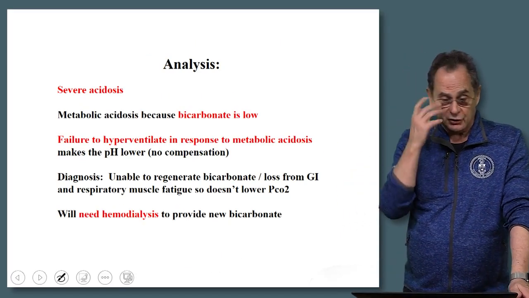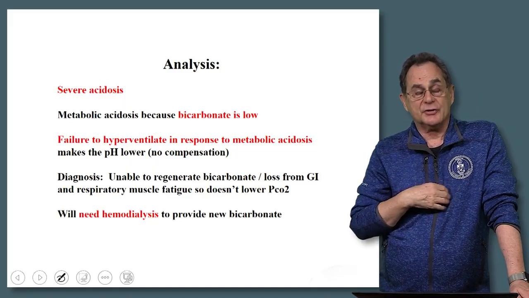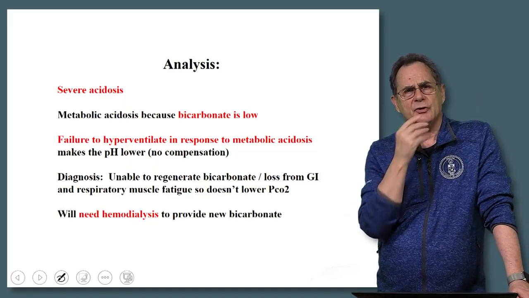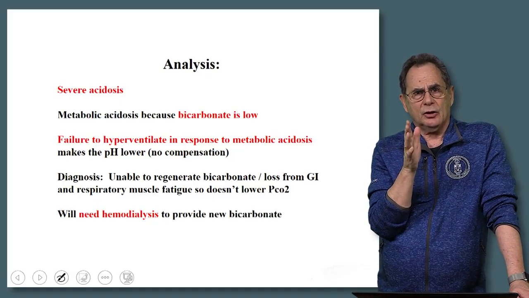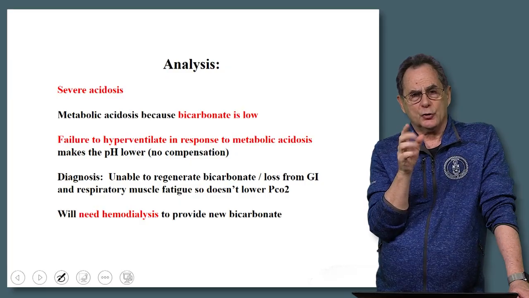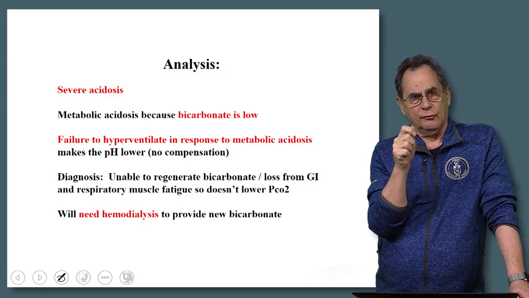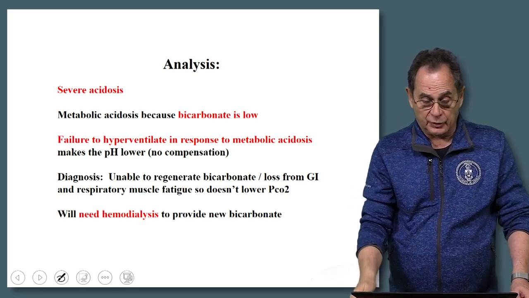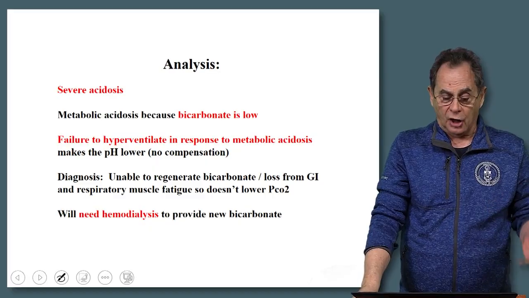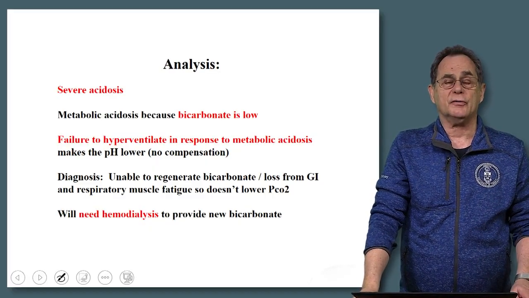So what's the analysis? Well, the patient has severe acidemia. He has a metabolic acidosis because the bicarbonate is low. The failure to hyperventilate in response to metabolic acidosis contributed to the extent to which the pH fell. The diagnosis: unable to regenerate bicarbonate, loss from the GI tract, and respiratory muscle fatigue.